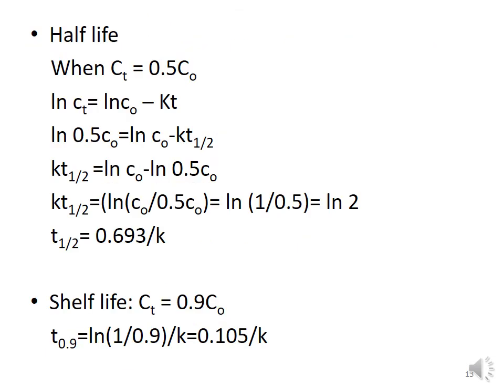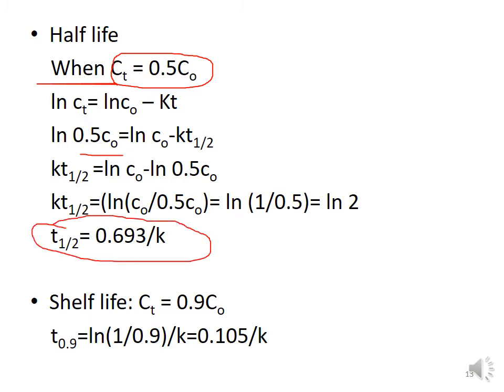To calculate the half-life for a first order reaction, Ct is defined as half of the original concentration. Substitute as Ct is 0.5 C naught, half of the original concentration. The half-life of the first order reaction is 0.693 divided by the reaction rate constant.